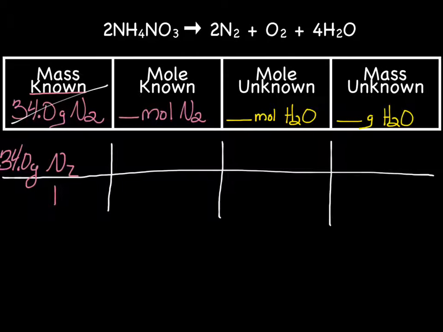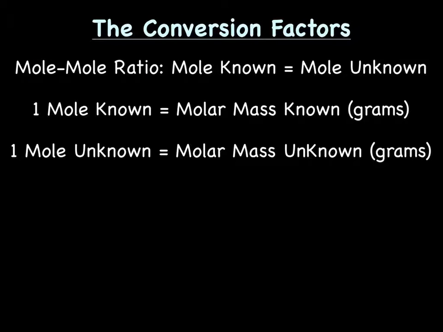So where do we go from here? Well, we're at mass known and we're trying to get to mole known. So let's check out our equalities and see if we can find something with the words mass known and mole known in the same equality. So looking at our equalities list, we have mole known and mass known here.